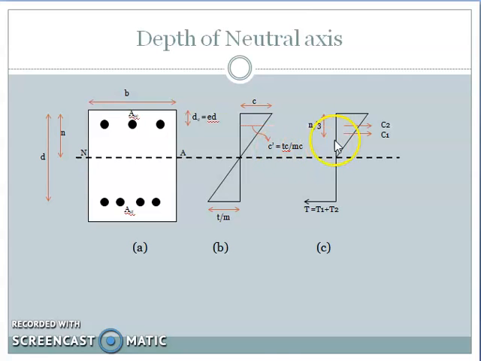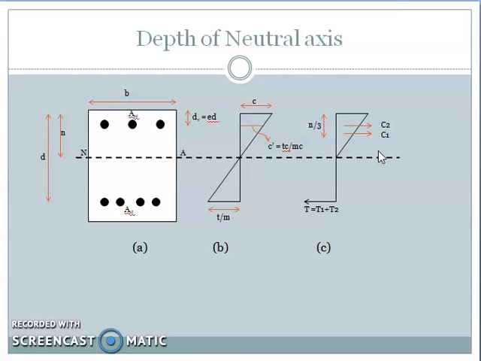Similarly, the strain diagram, if you see, there will be tensile force capital T, which is divided into two parts, that is T1 and T2. Also, you will understand what T1 and T2 are with the derivation. Now, there are two compressive forces here. One is C1 and the other one is C2. C1 is the compressive force that is generated due to the compression stress in concrete.